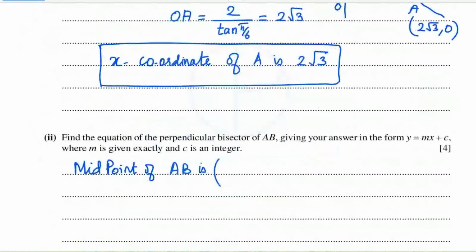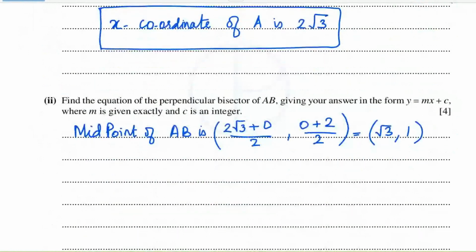So (2 square root of 3 plus 0) divided by 2, (0 plus 2) divided by 2, which is equal to (square root of 3, 1). This is the midpoint of AB.